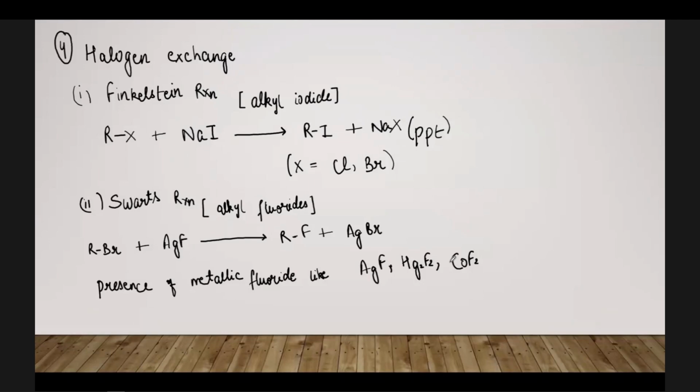There we will also discuss the physical and chemical properties of haloalkanes and haloarenes, like melting and boiling points, density, solubility, and how these properties affect the reactions taking place. Okay, so this was all for today.